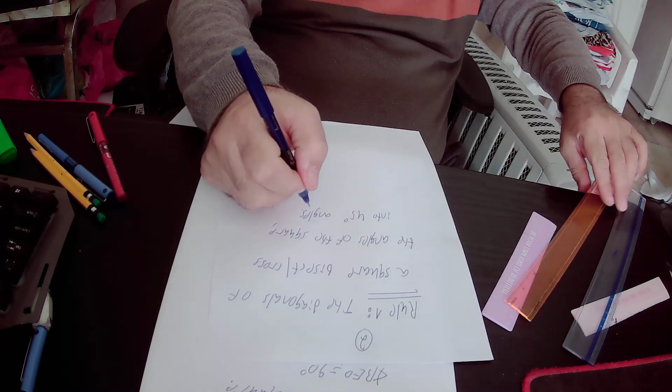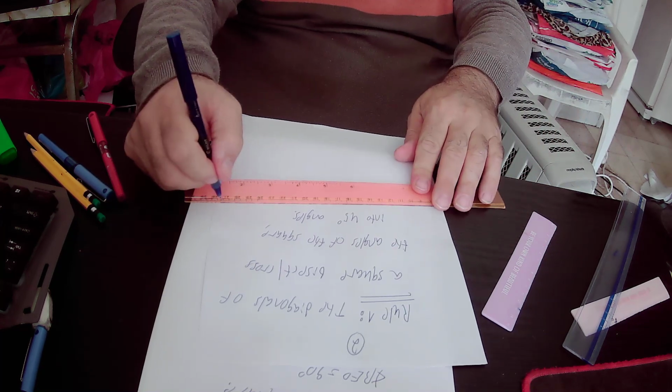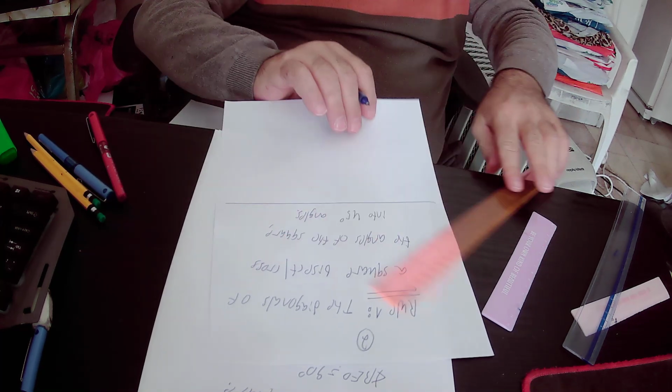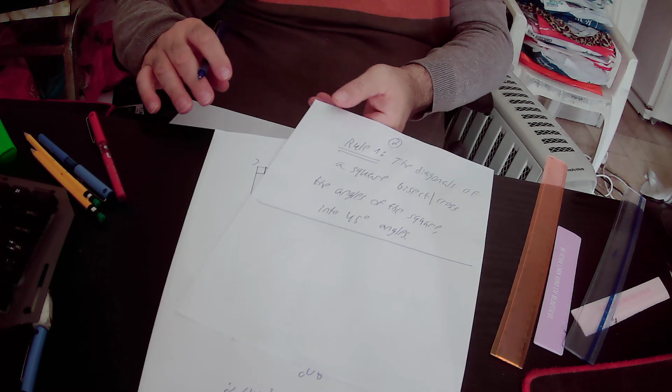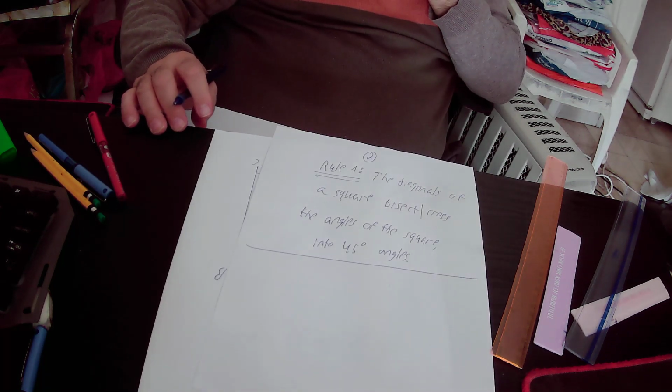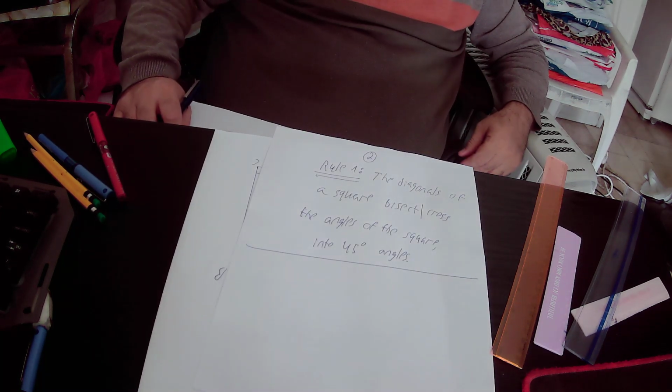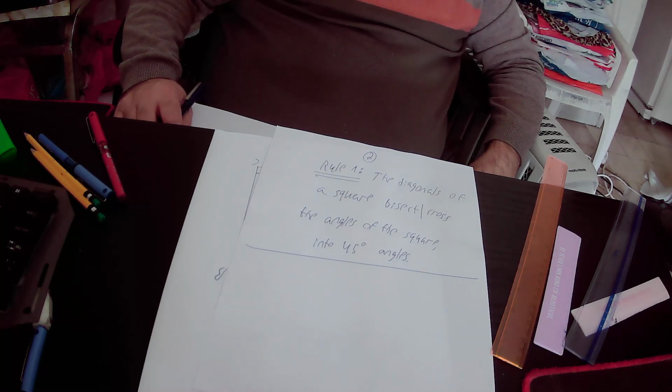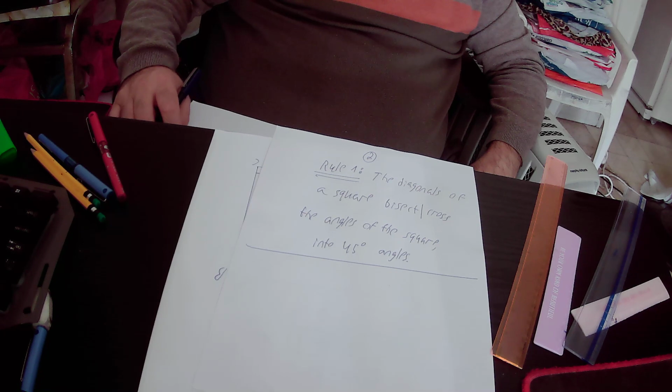I will read rule number 1 again. Rule number 1 states that the diagonals of a square bisect or cross the angles of the square into 45 degrees angles.